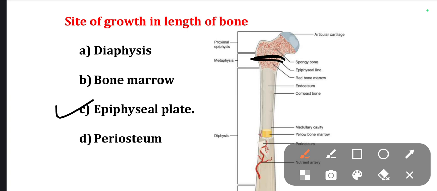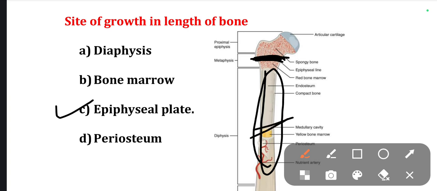Growth of the bone occurs only at the epiphyseal plate, while the remaining part stays the same. But in the case of fractures, other parts can also form new bone cells at the site of fracture. But normal growth of the bone we can see at the epiphyseal plate.